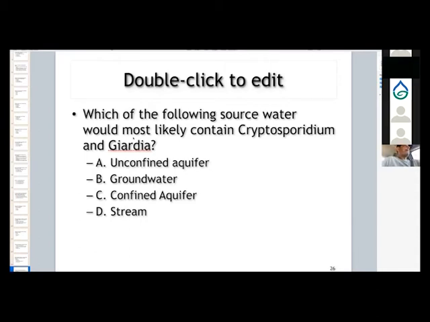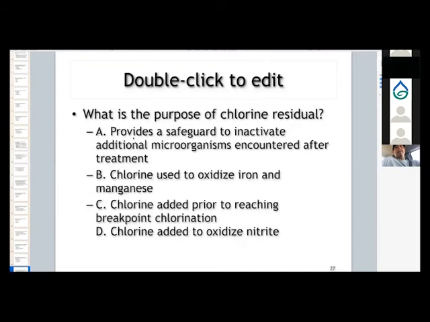Anything underground actually is very protected, especially if it's a confined aquifer or groundwater. It's actually very, very clean and low in turbidity because the water percolates through the soil. The downfall of well water is it's very hard, so it'll really deposit all that hardness into your pipes at home.